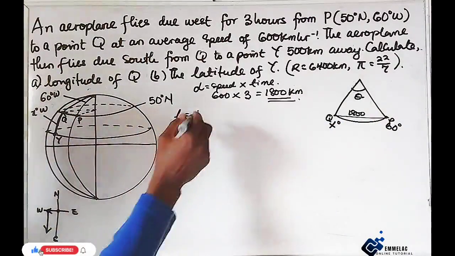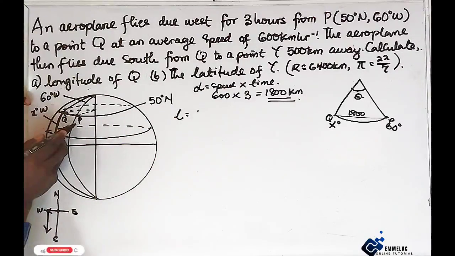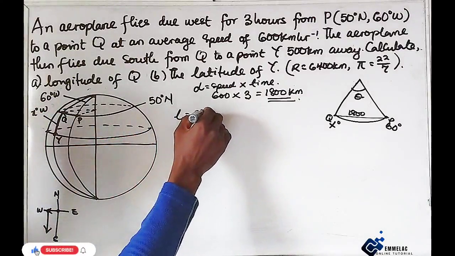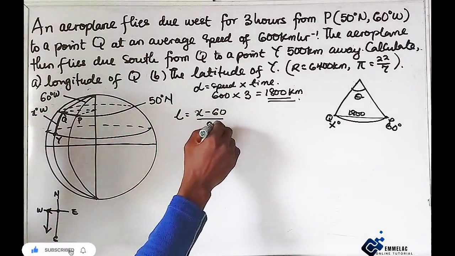Since X is further away from P, the angle for X will be greater than that of P. So let us say this is X minus 60 all over 360.